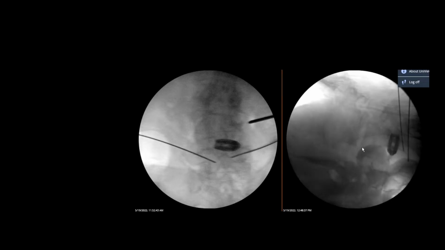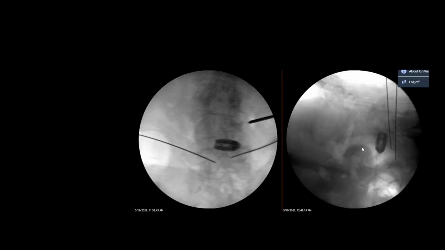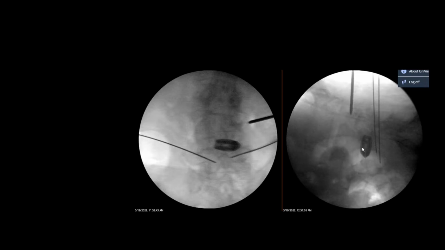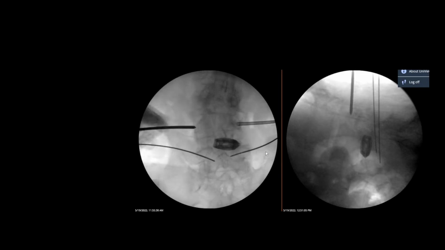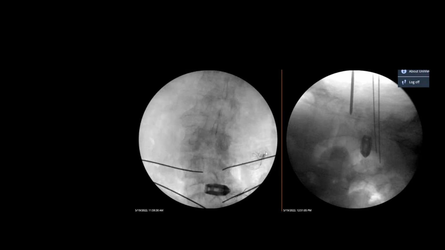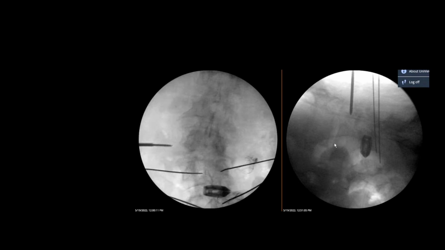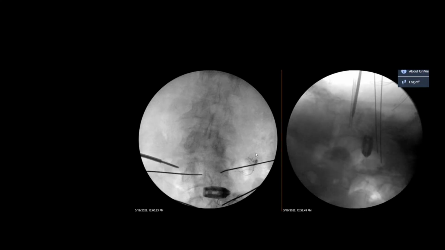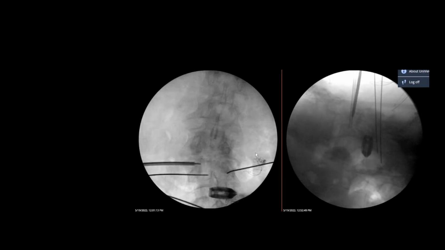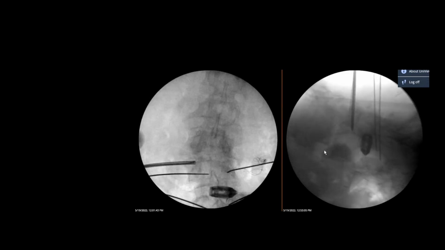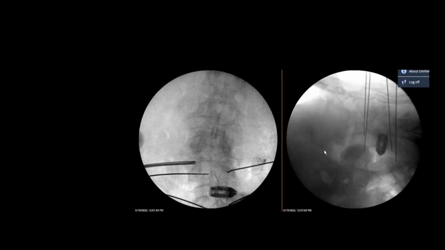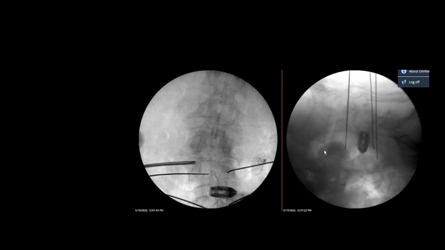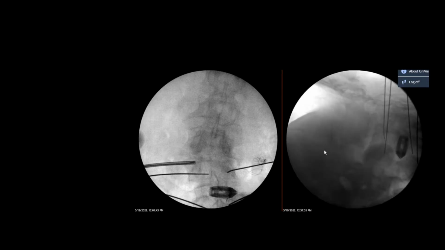here we are starting seeing the pedicle of the 4. And again, in this view, we put the Jamshidis in the pedicles of the 4. And then we start doing the discectomy and prepare the end plate and put the cage in L3-4.